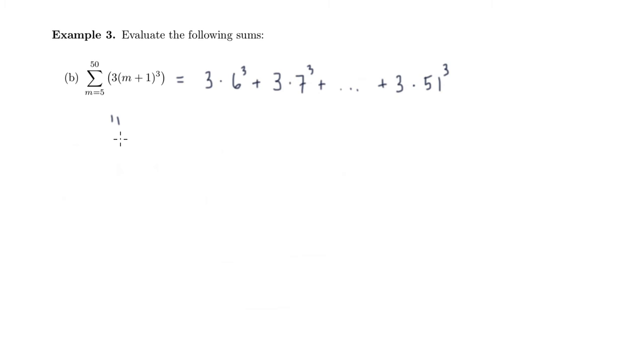But now notice that we have a problem. Our sum formulas apply when the sum starts at 1. And so what do we do when the sum doesn't start at 1? Well, we do the following. So first of all, the fact that I'm shifting the index m plus 1, notice that I'm really starting at 6 and ending at 51 of just cubing those numbers.